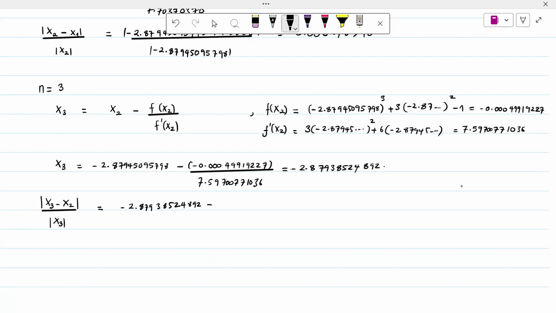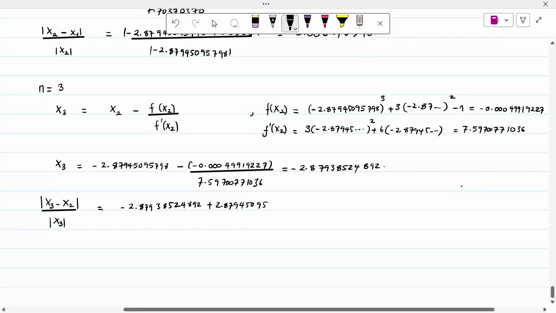Our x2 is negative, of course, so this is the plus 2.879450, 95798, divided by the same x3.